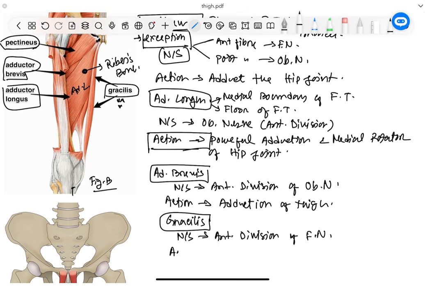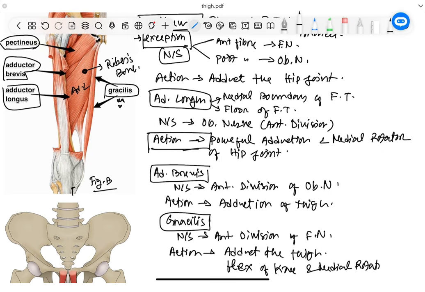Now, what is the action of gracilis? The action of gracilis is adduction, same as the adductor compartment muscles, so it will do adduction of the thigh. In addition, it has some other functions also: flexion of the knee as well as medial rotation of the leg.